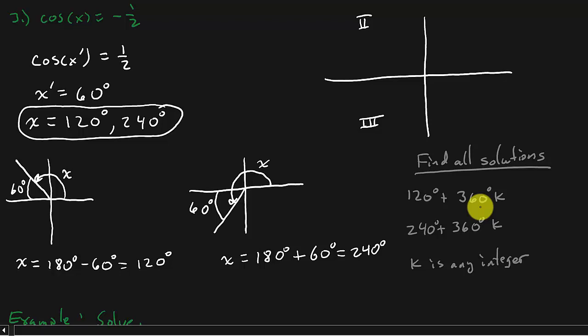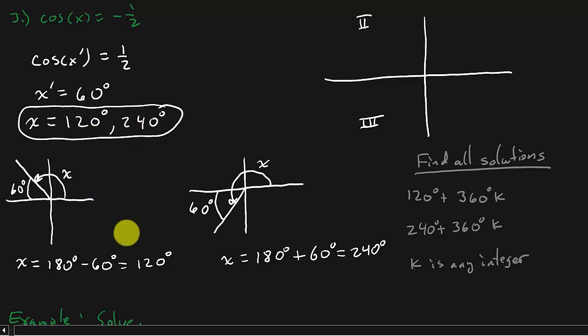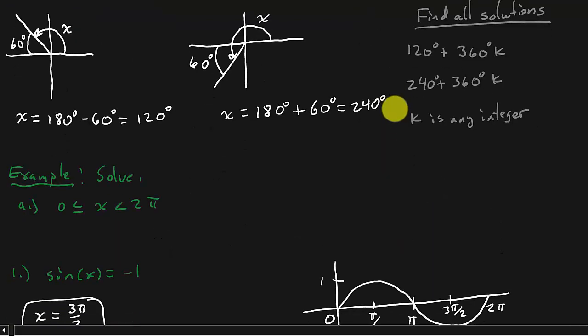What is that, 480? If k is 2, then that's 120 plus 720. Or if k is negative 1, that's 120 minus 360. Or 120 minus 720 if k is negative 2. So it gets you all the solutions going around. You just take each angle measure that you found and add this 360k to it. That goes for sine and cosine.